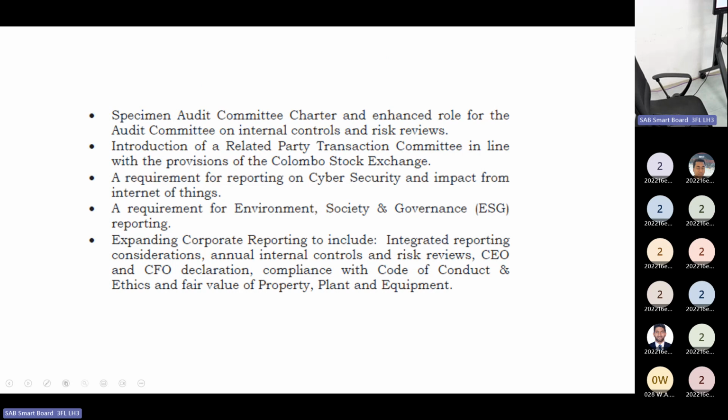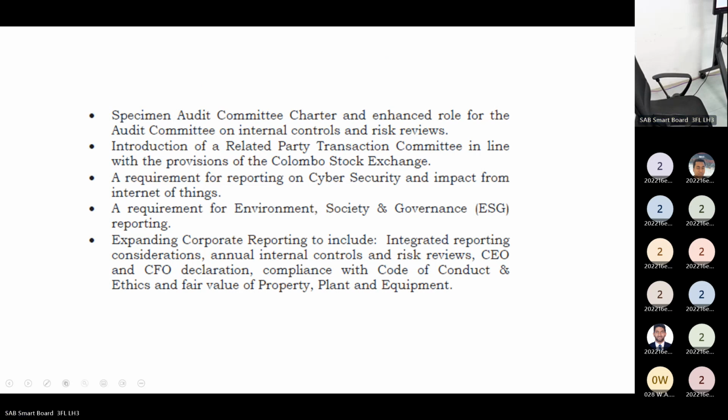Okay, so the Sri Lankan context. Why I took it last is that after teaching everything, it's just a matter of looking at what was included in the Sri Lankan context. So now you know the core areas that should be there in corporate governance practice. Putting those things into the Sri Lankan context is what we went through in the following slides.